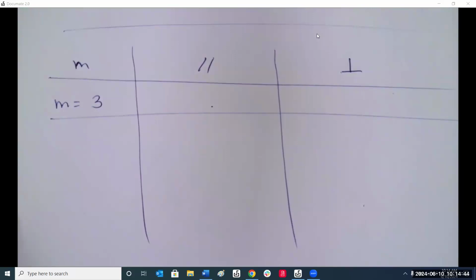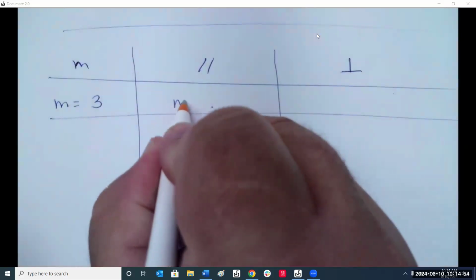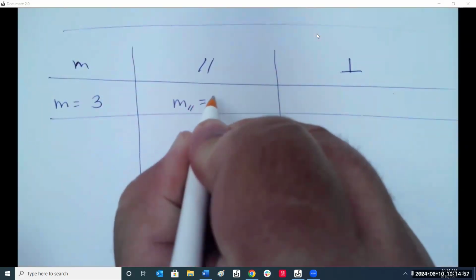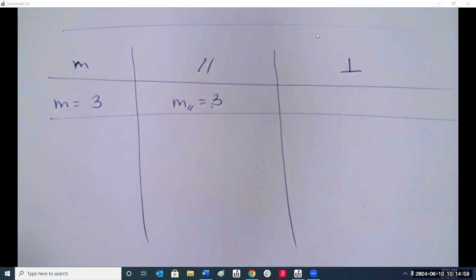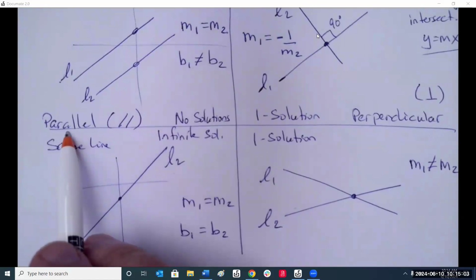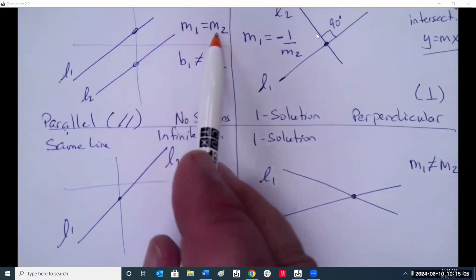What's the slope of the line parallel to that? Why is it 3? They're equal because to be parallel, they have to be equal slopes.